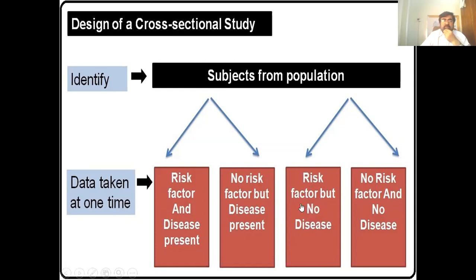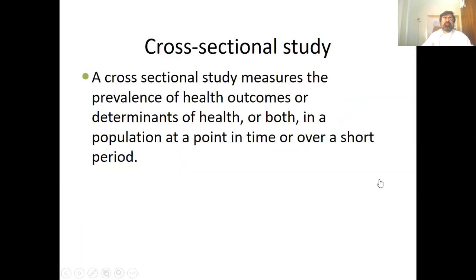For example, in a community, a person is using tap water, but he or she does not have diarrhea. So you can have a group of these people. And in the other group there is no risk factor and no disease. A person has no risk factor, for example, he is hygienically good. He is using pakka water, that is boiled water, and he has no disease, diarrhea or any other disease. So you possibly have these four groups.